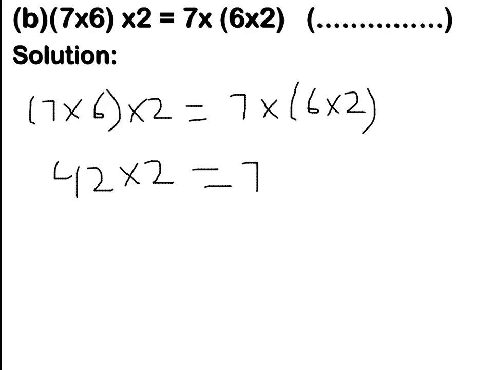Now for the right side, 6 2s are 12. Now we will multiply. 2 2s are 4 and 2 4s are 8. Now read the table. 12 1s are 12. 12 2s are 24. 12 3s are 36. 12 4s are 48. 12 5s are 60 and 12 7s are 84.